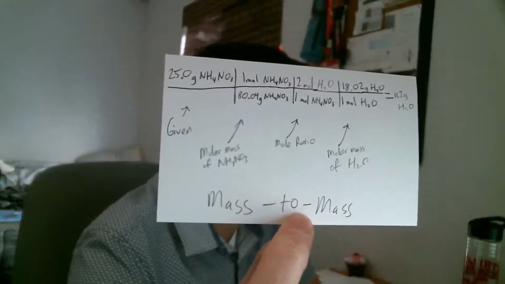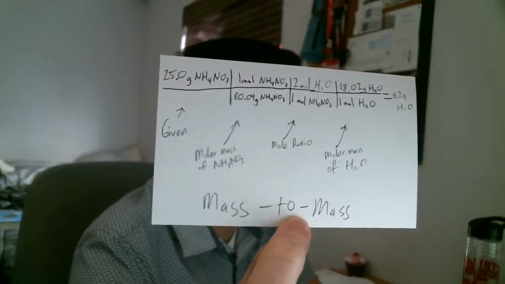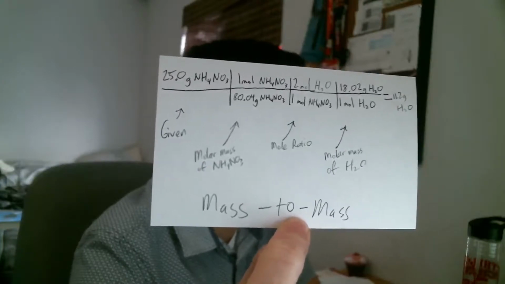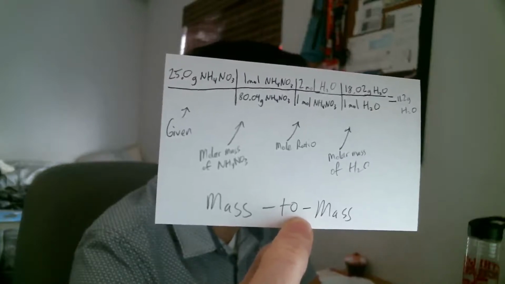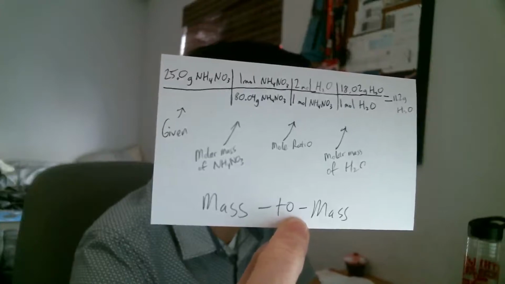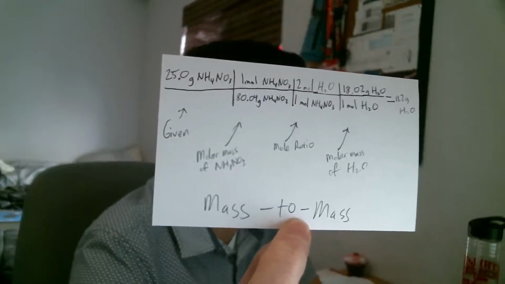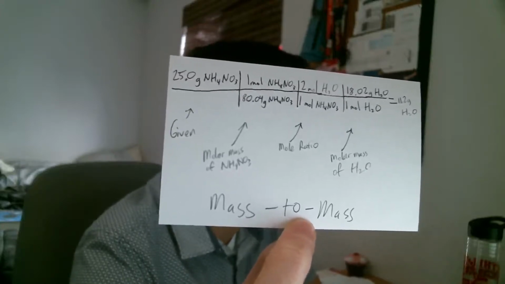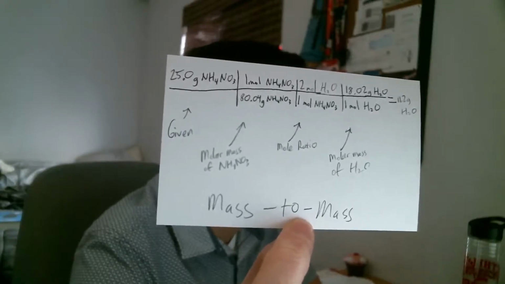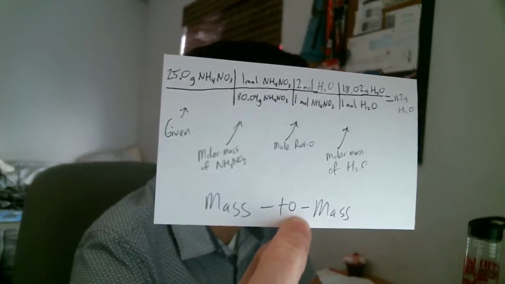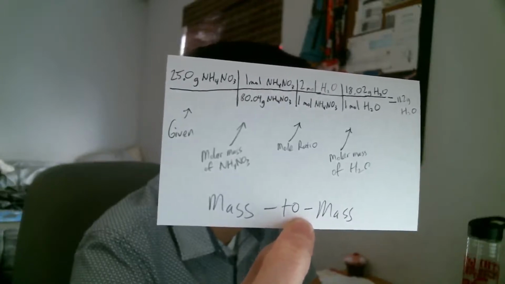You can see what we're given, multiply by the molar mass, paying attention to the fact that I put the grams on the bottom in that second term so I can cancel them, multiplying it by the mole ratio, and then multiplying it by the molar mass of H2O. At that time you see how the molar mass is on top because I want my answer to be in grams. So all the units cancel out except for those grams of H2O.